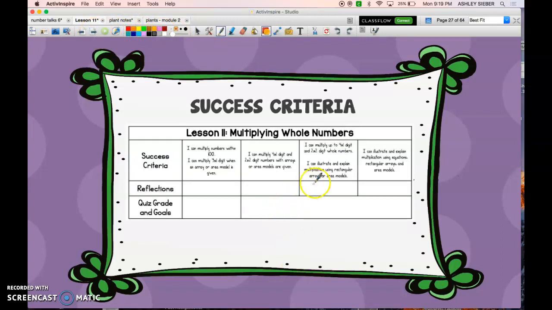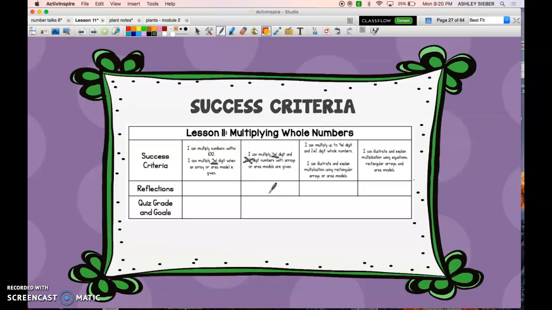Let's look at our success criteria. Yesterday, we learned how to multiply 4-digit times 1-digit, so I think everybody, if you paid attention and feel confident with your strategy from yesterday, is at least a 1. We did not do 2-digit times 2-digit.